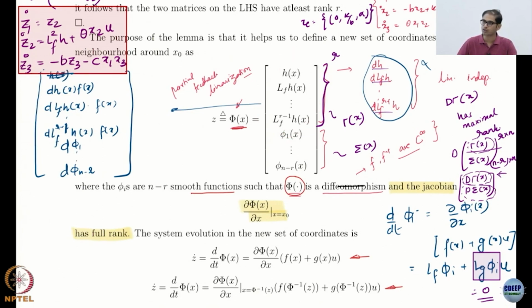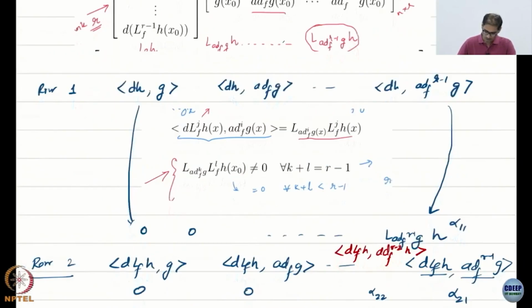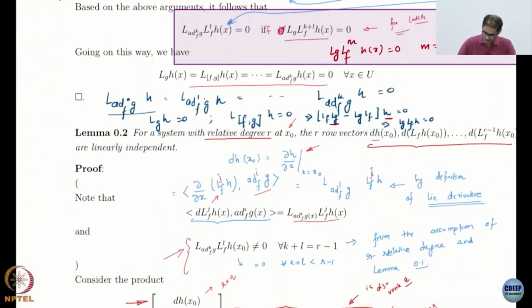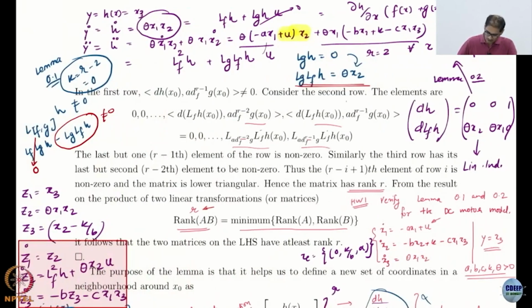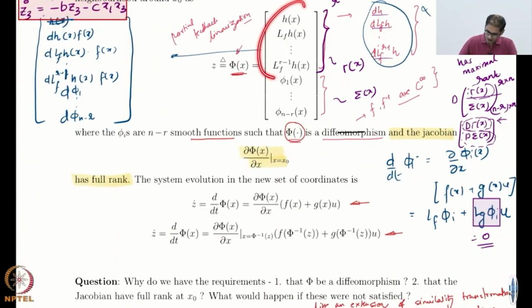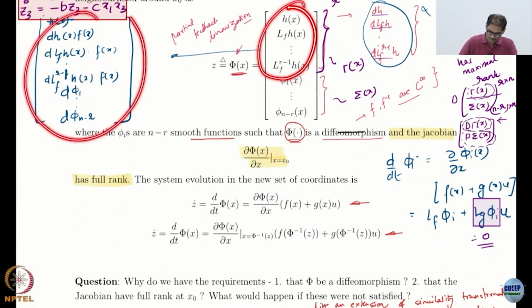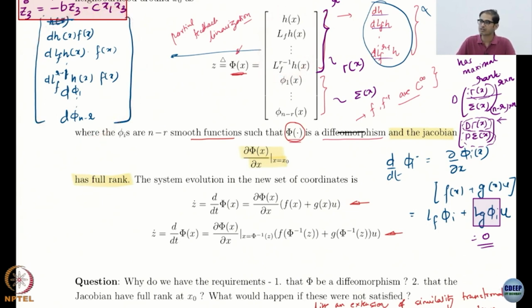Because of Lemma 0.2. Lemma 0.2 basically said that this is rank r. If these rows are rank r, then obviously the Jacobian of this is exactly this, and that's also rank r. So Lemma 0.2 is what helps us in claiming that these are in fact independent coordinates.